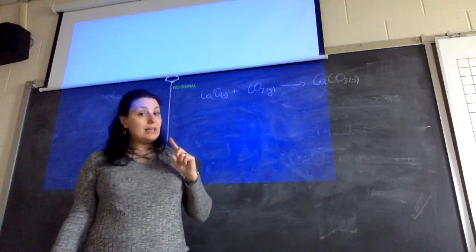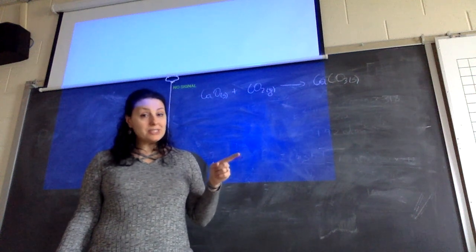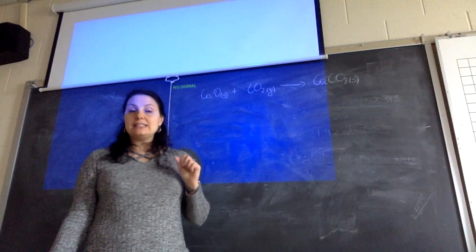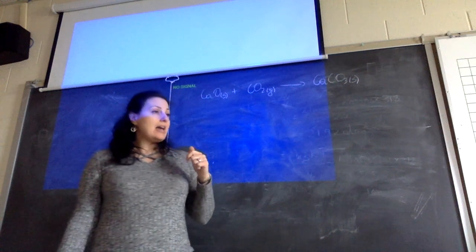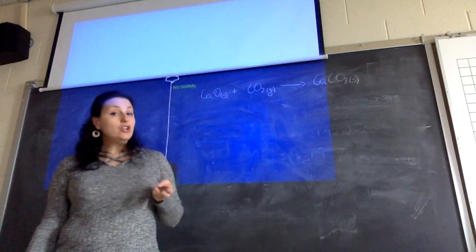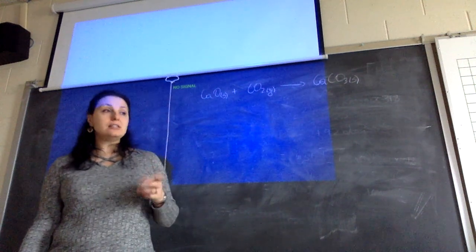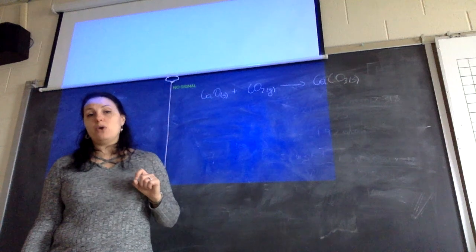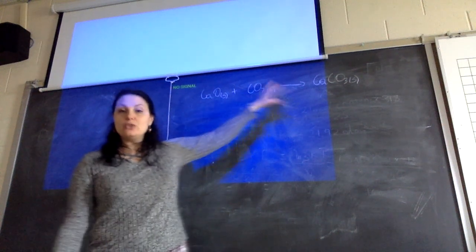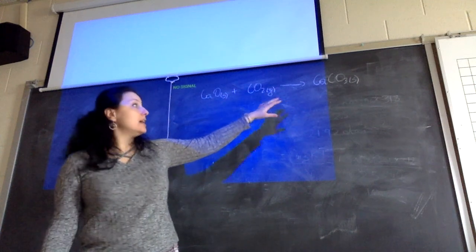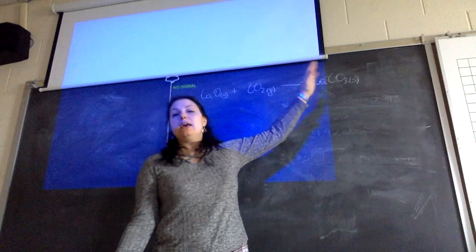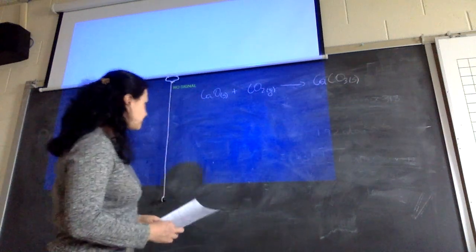So I can go to PV equals nRT, the ideal gas law, and I can say, well, I have the pressure, I have the volume, I have the temperature, and I know what R is because it's a constant. I can calculate the number of moles. And once I know the number of moles of CO2, I can use my balanced chemical equation to convert it to moles of calcium carbonate and then grams of calcium carbonate.